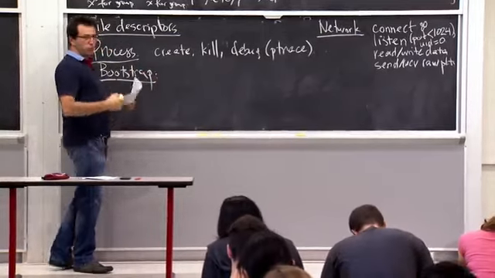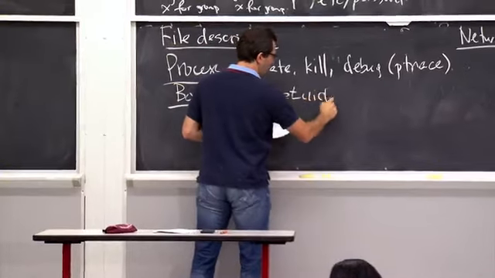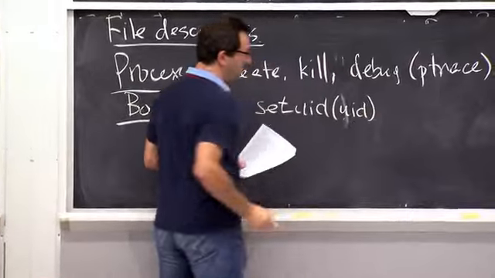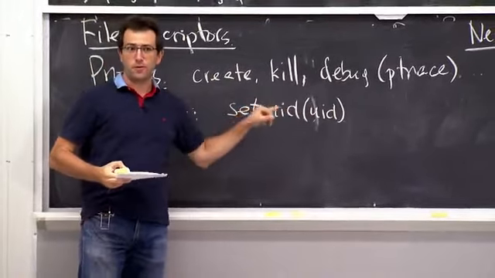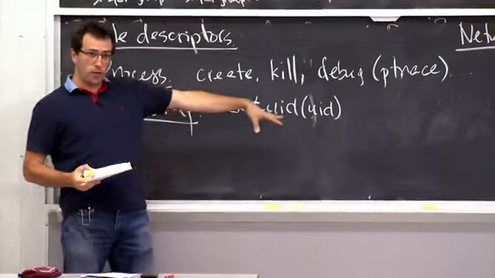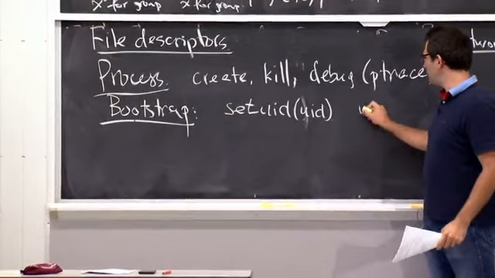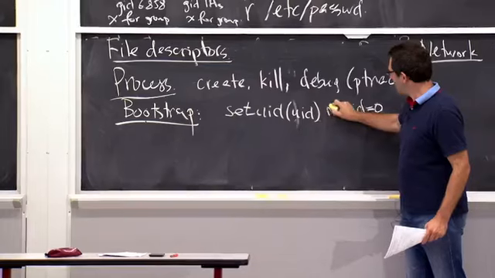So initially, to bootstrap these UID values, there's a system call called setuid that you can pass a UID number to. And it'll set the user ID of the current process to this value. This is actually a dangerous operation, of course. So in Unix tradition, you can only do this if your UID is equal to 0. Well, must have.